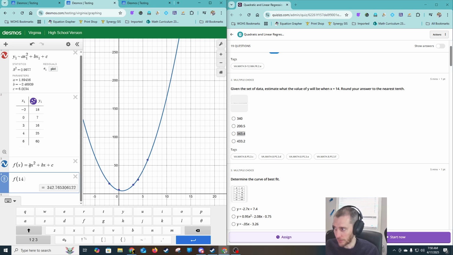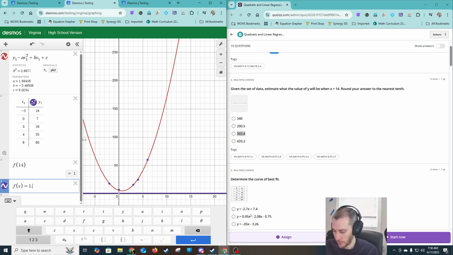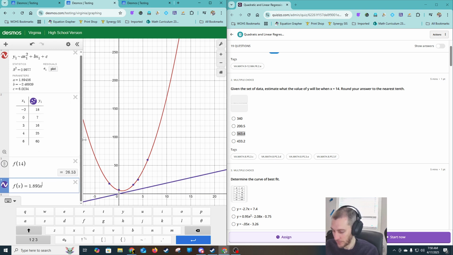So if we were to round this thing, they must have rounded with these numbers right here, 1.894 or 1.895 squared minus 2.469 plus 6.003.